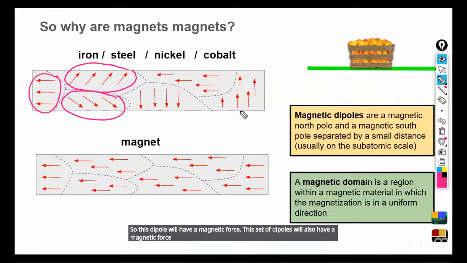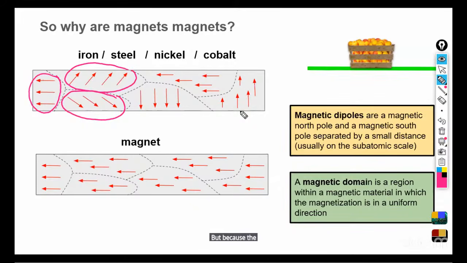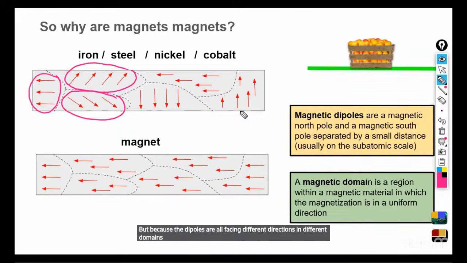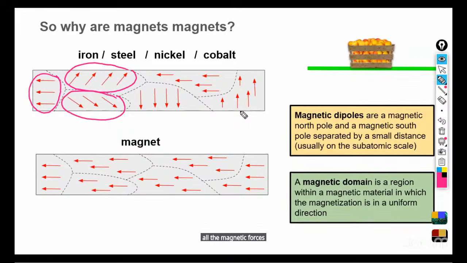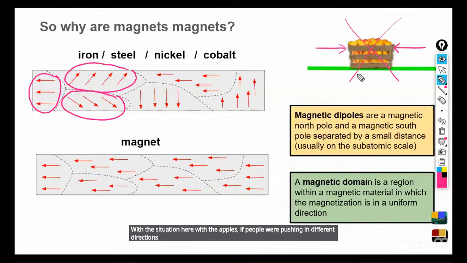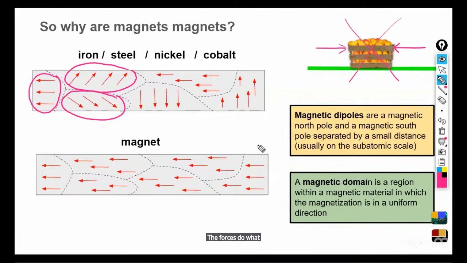But because the dipoles are all facing different directions in different domains, all the magnetic forces cancel out. Remember the situation here with the apples? If people were pushing in different directions, the forces do what? Cancel out. It's the same concept here.